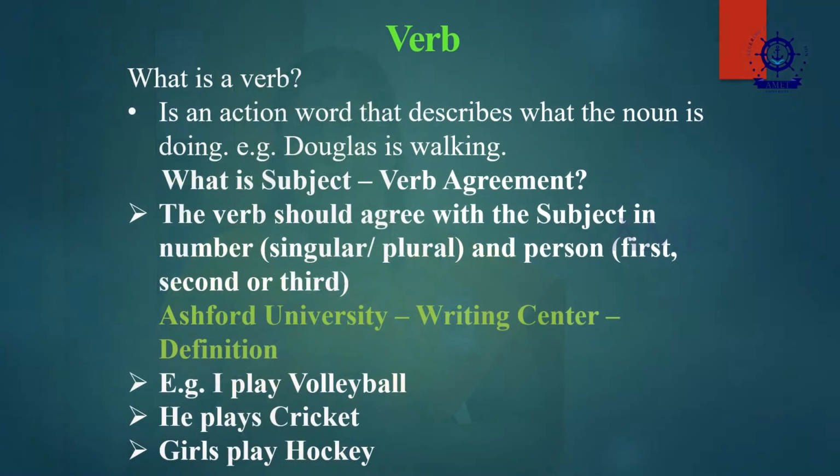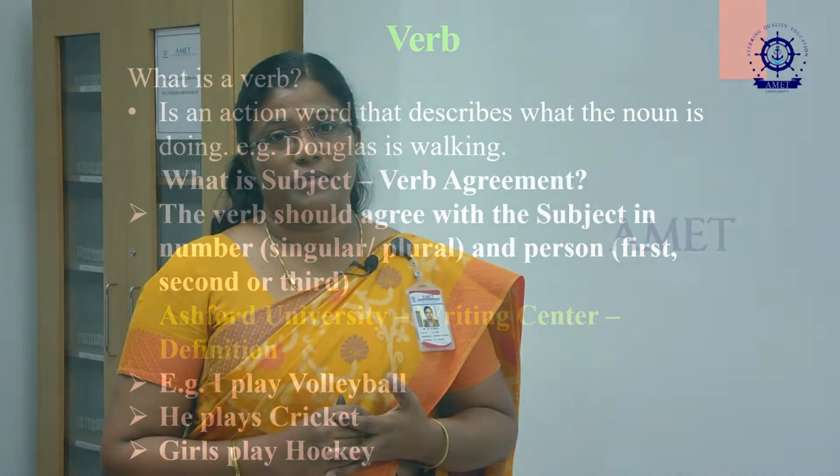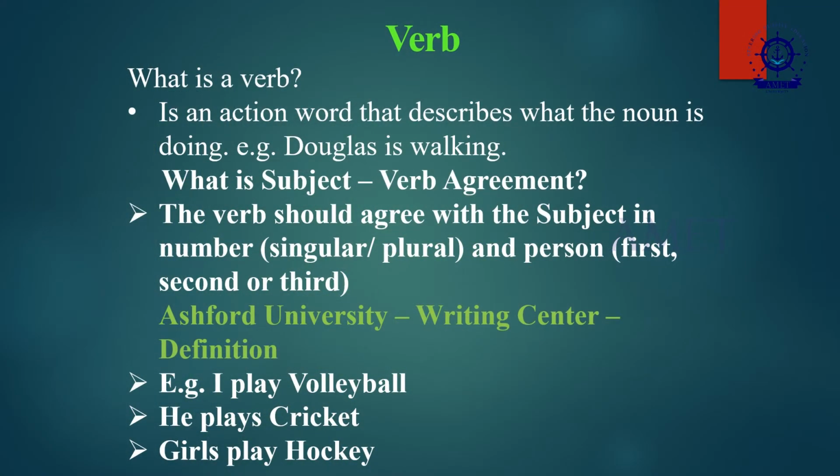With the root form of the verb play, S is also added. So it is he plays cricket for third person singular. When it comes to third person plural, the sentence goes like this: girls play hockey. The subject girls has taken S and the verb in its root form play is used.